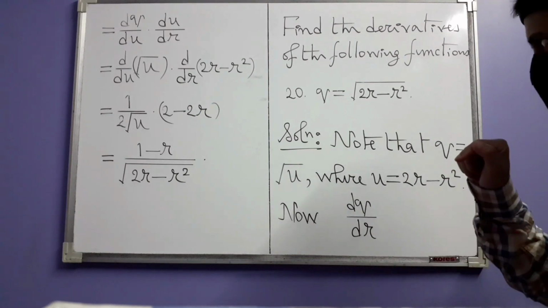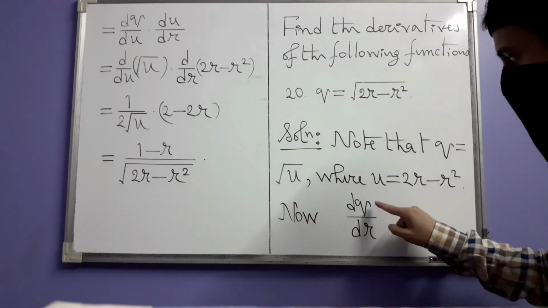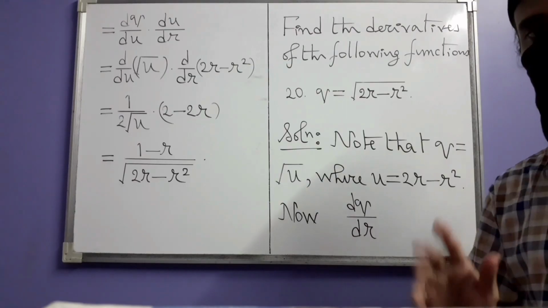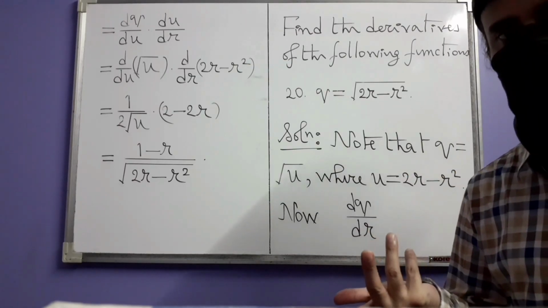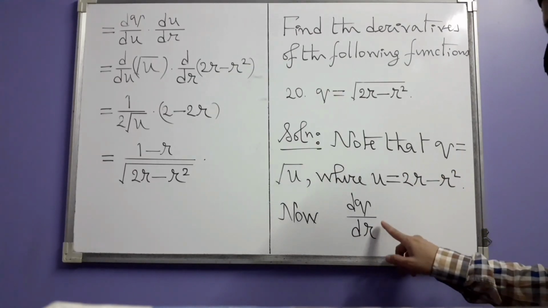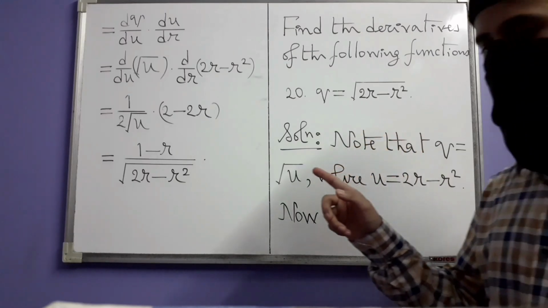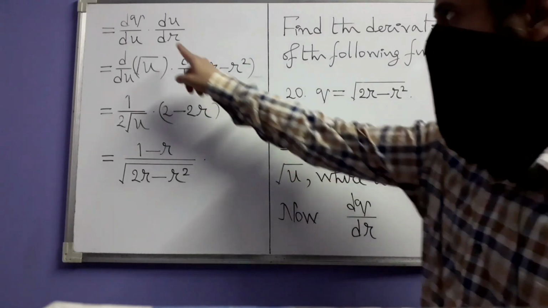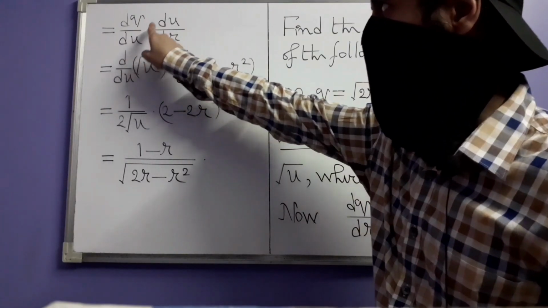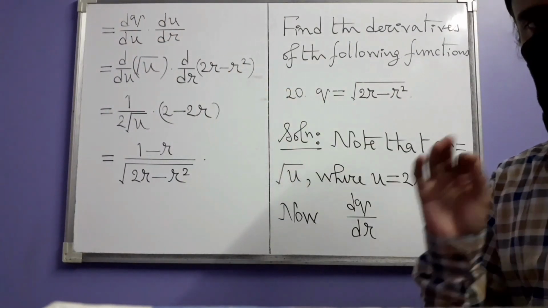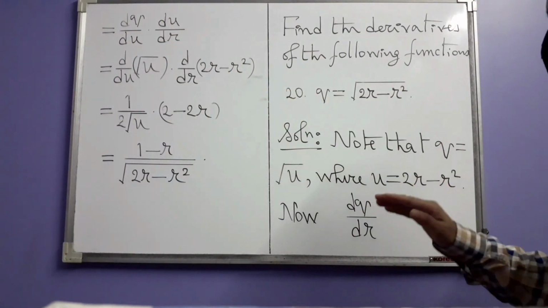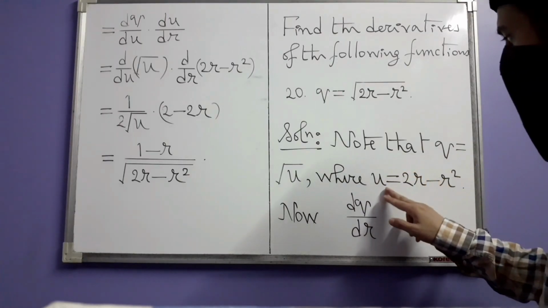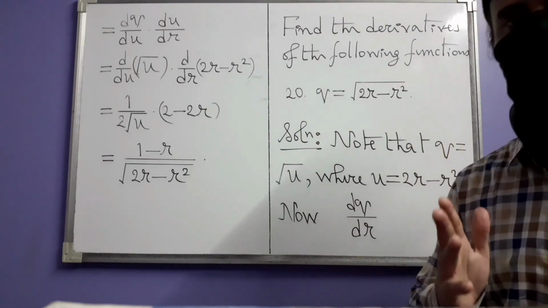So that is why here actually the derivative is dq dr, not dy dx. y and x are not there. And accordingly we have to write the statement of our chain rule also carefully. dq dr equals dq du times du dr. And also one more thing, it's not necessary that you have to name this new variable u all the time.